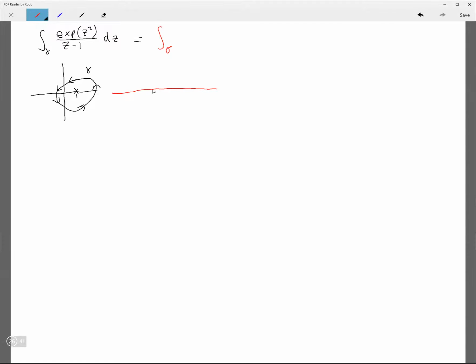Imagine that your 1 is right here, and imagine that this y-axis is somewhere to the left, maybe like a mile away, or a kilometer away, because you guys are metric system people.